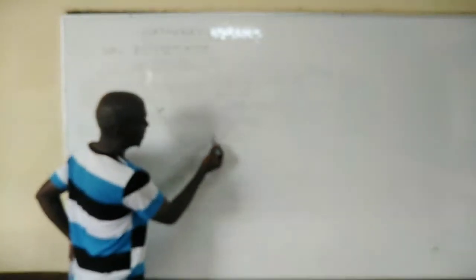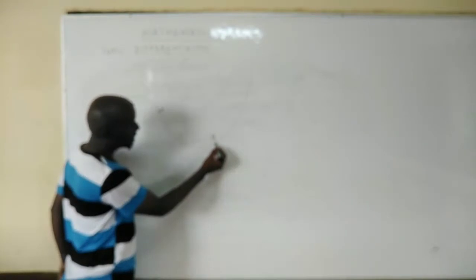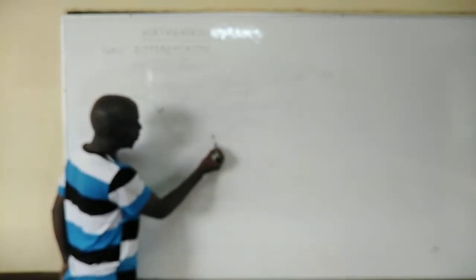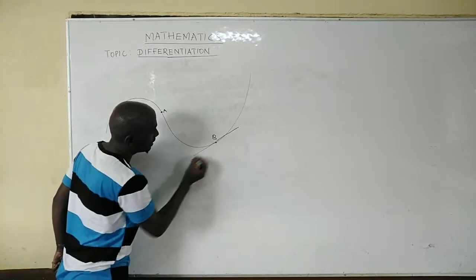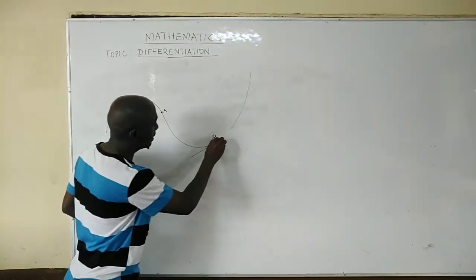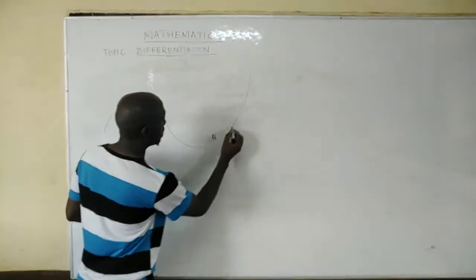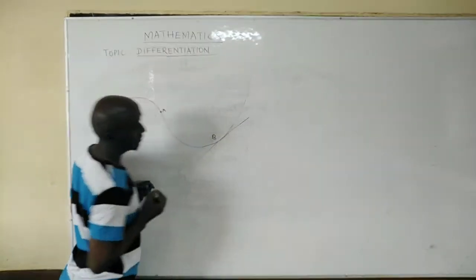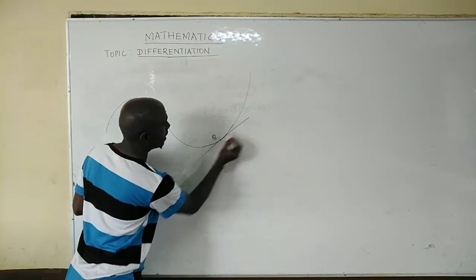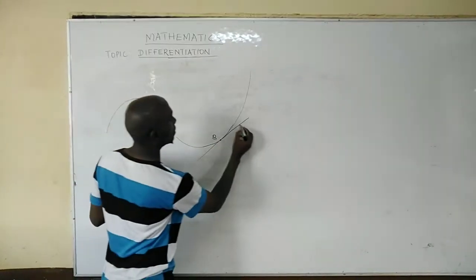So let's take B as an example. The gradient of this curve at this point is equal to the gradient of the tangent. Remember, the tangent of a curve is a straight line which touches the curve at only one point, like that. So this is the point, this is the tangent. That is called a tangent.